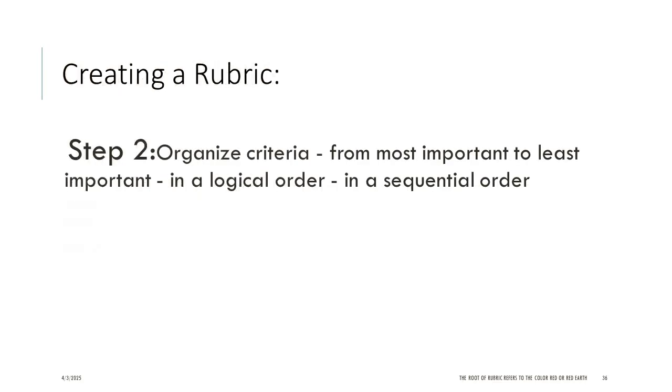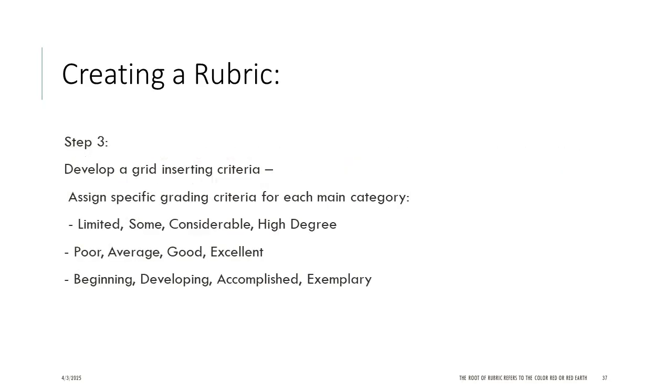Then after I put the steps, I'm going to organize the criteria from the most important to the least important in a logical manner or in a sequential order. Then I'm going to have step number 3. I'm going to develop a grid. In this grid, I will insert criteria and assign specific grading criteria for each main category. Okay, so what are the grading criteria for each main category?